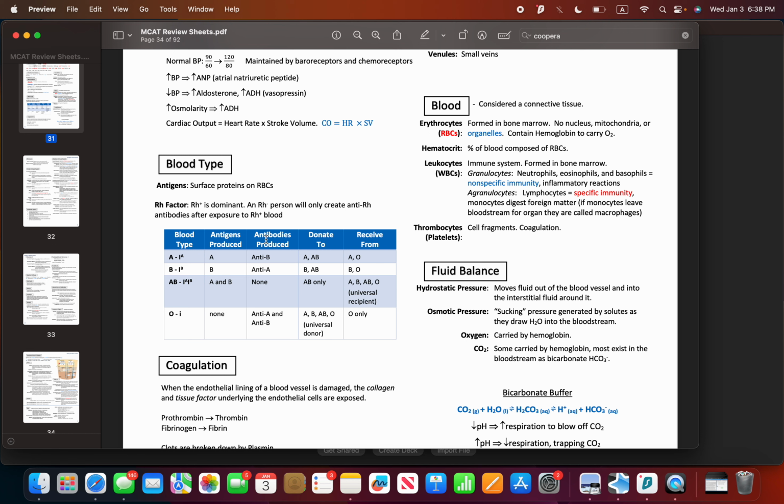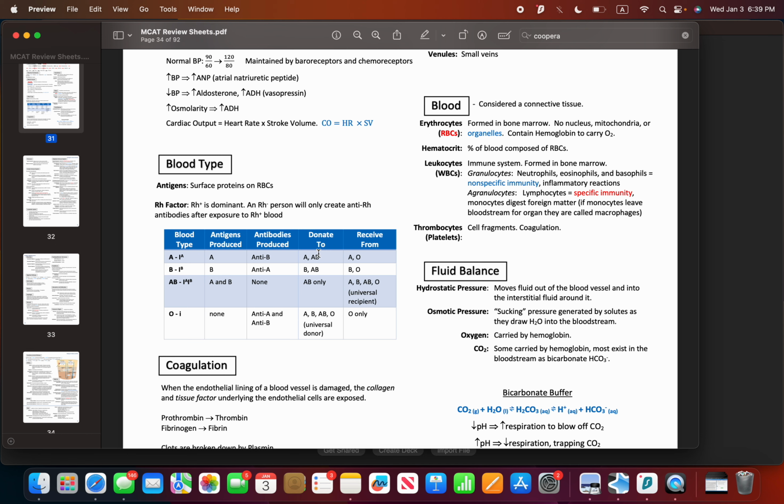And we have the antibodies produced, so the A blood type produces anti-B antibodies. The B blood type produces anti-A antibodies. AB produces no antibodies, and the O individuals produce both anti-A and anti-B.